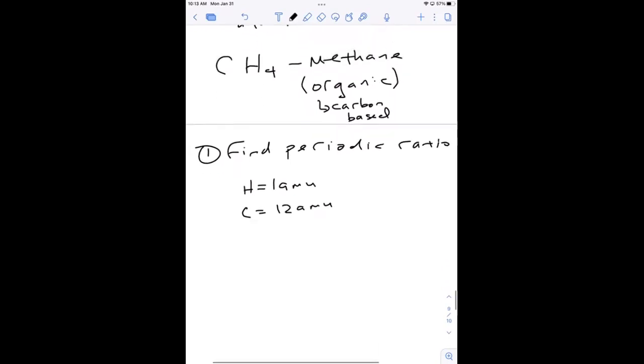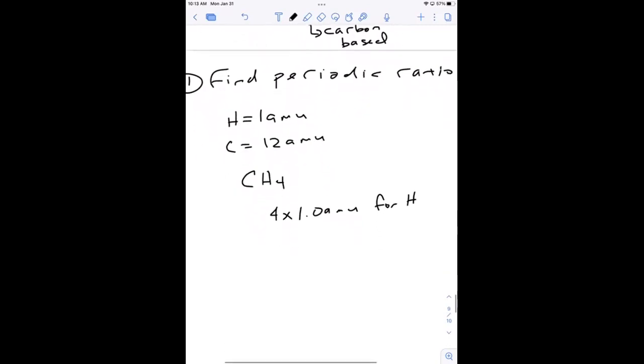Right? So if we have a molecule of CH4, the ratio is going to be 4 times 1 AMU for hydrogen, because we have to take into account that the subscript is telling us how many hydrogens are present. So 4 times that, and then 1 times 12 AMU for carbon.